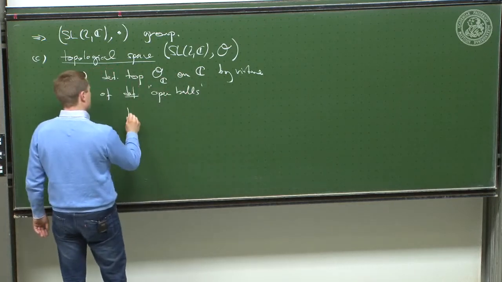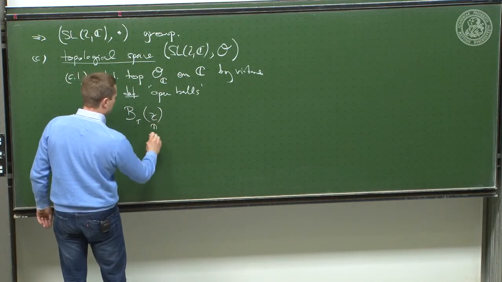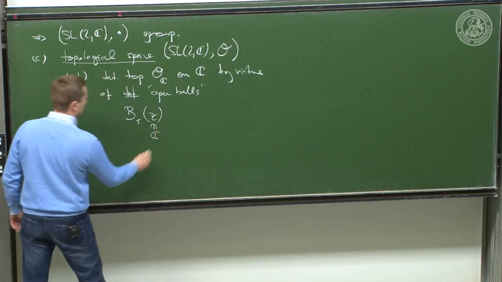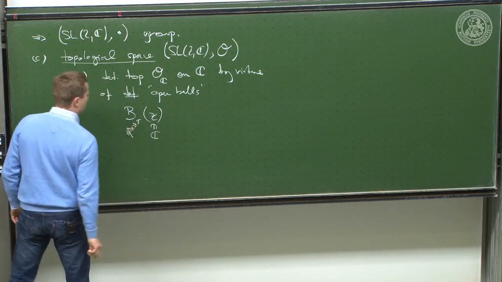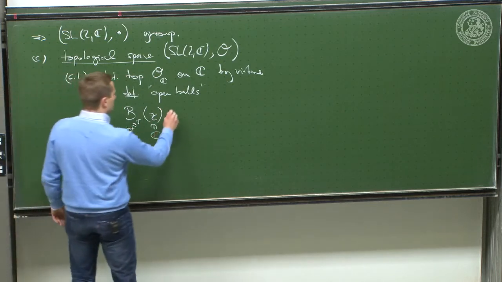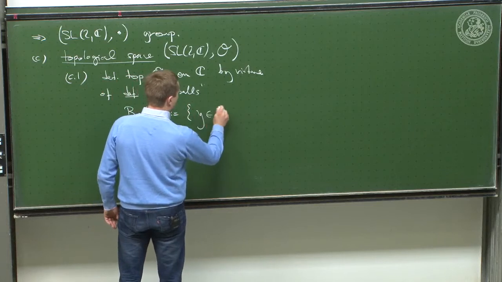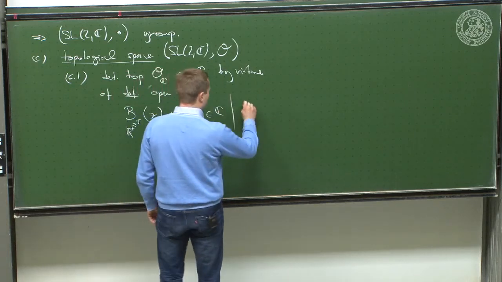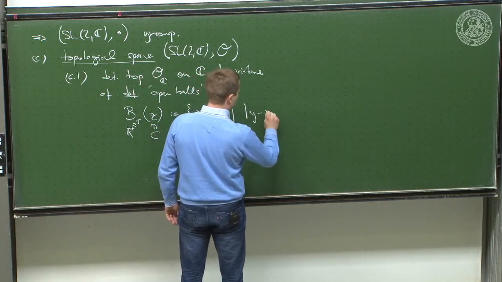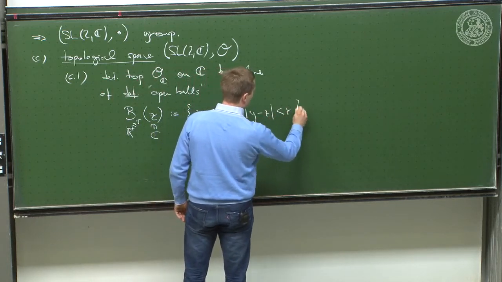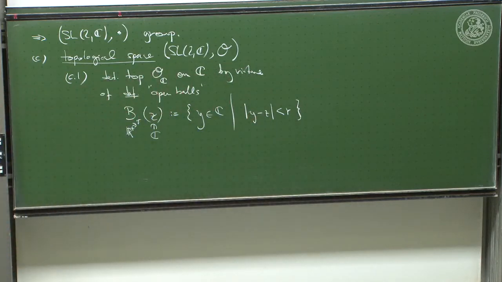The open balls B sub r of a point z in the complex numbers, with r still in R plus, are simply all the complex numbers y for which the absolute value of y minus z is less than r. And this is, of course, the absolute value on the complex numbers.